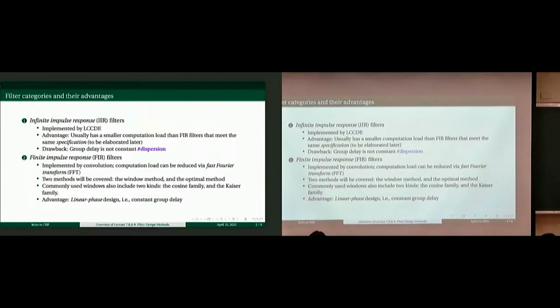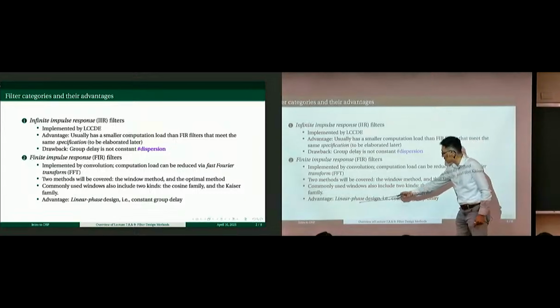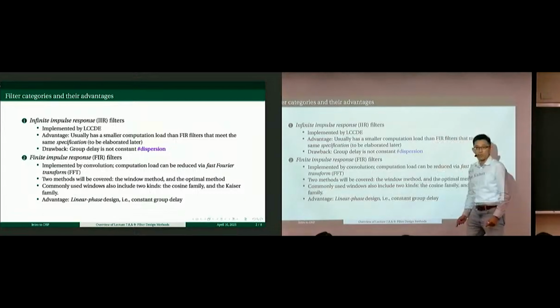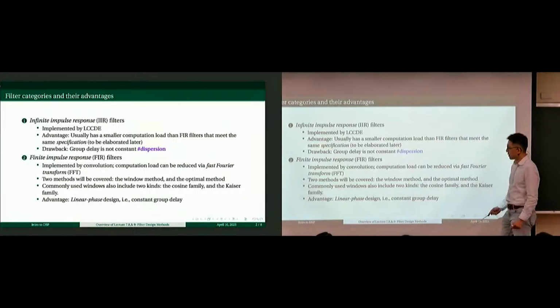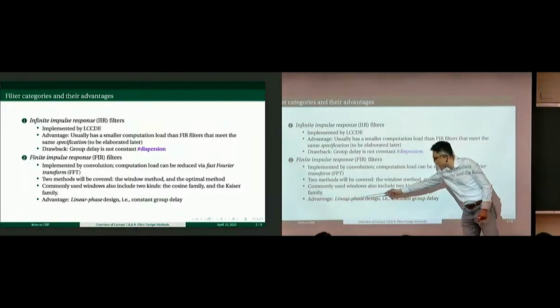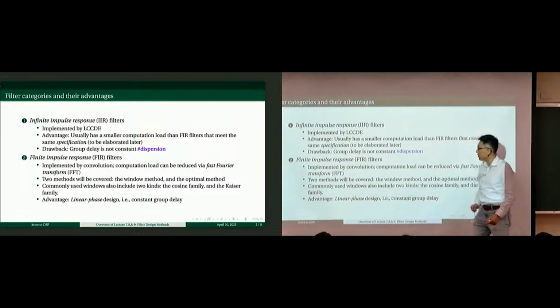FIR filters, after you design them, simply because of the way we design them, there are many different ways, but every method leads to a filter which has a linear phase spectrum, or simply one adjective, 当作一个形容词的话, linear phase.